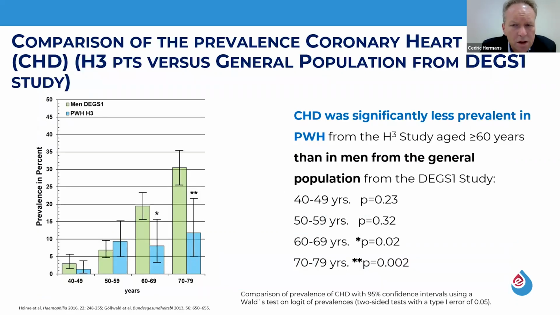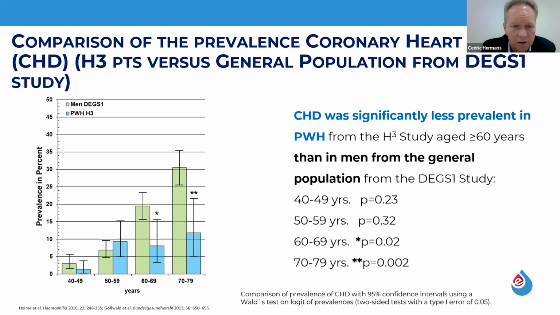We have a more recent study from this large European initiative that looked at cardiovascular disease in patients with hemophilia. These are the results looking at the prevalence of coronary heart disease in patients with hemophilia compared to general populations. And what can you see on this slide?